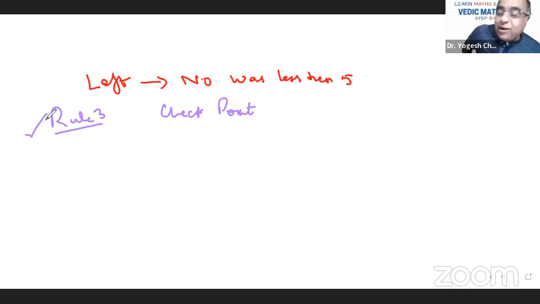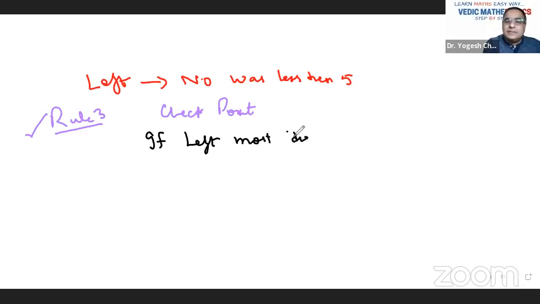Why was it not taught earlier? Because first the concept should be clear. Now see, if the leftmost digit is 5 or more, you might sometimes get confused, thinking it's 5 bar, 5 bar.